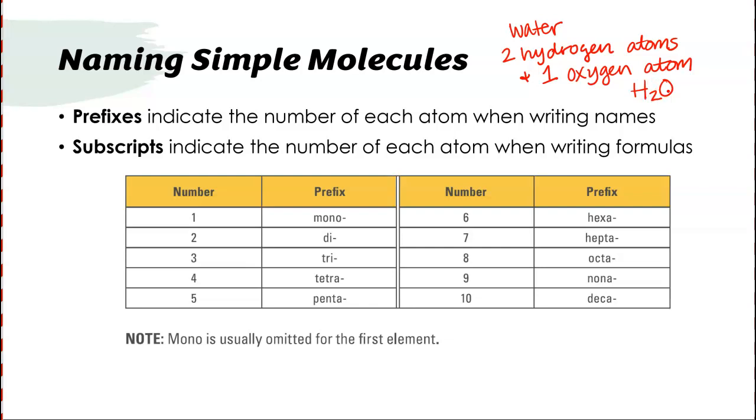And so if we were to just write out hydrogen oxide, that wouldn't work. So this is where we get these prefixes. Since there are 2 hydrogens, we would say dihydrogen. And then there's 1 oxygen, and so we use the prefix mono.